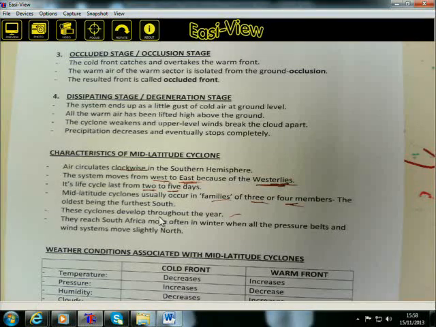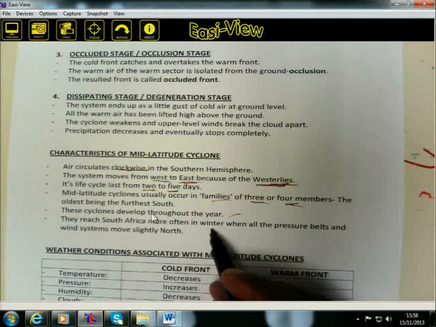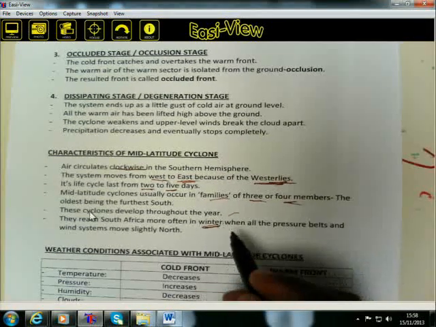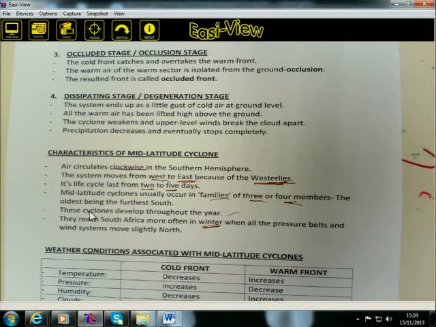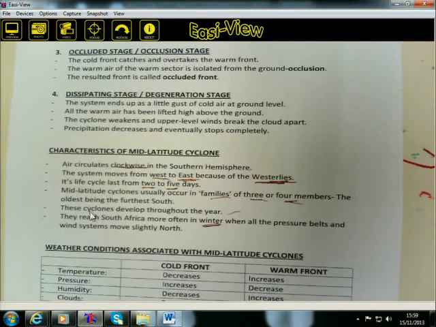Now, the mid-latitude cyclones reach South Africa more often in winter. Mark that. They reach South Africa more often in winter, when all the pressure belts and the wind systems have slightly moved to the north. Remember, all the systems shift according to the seasons.